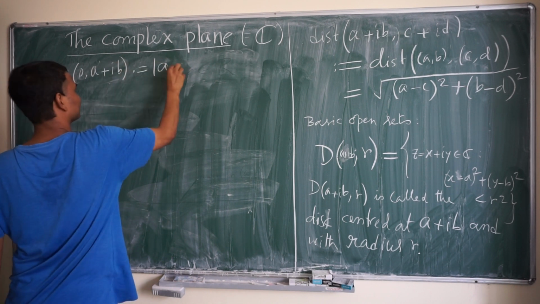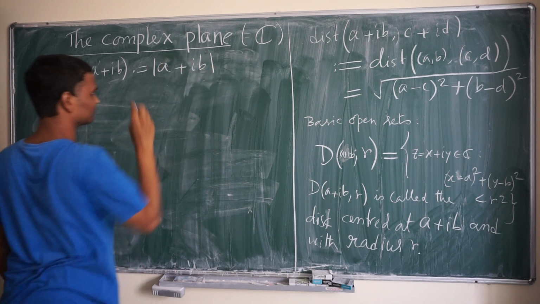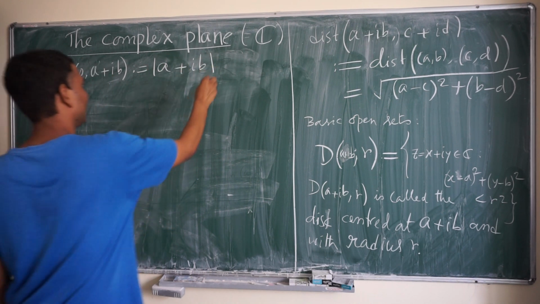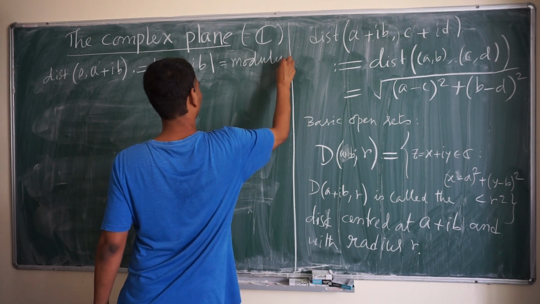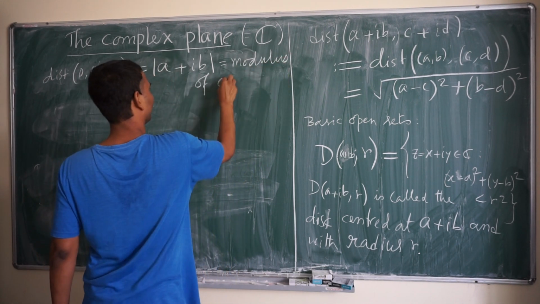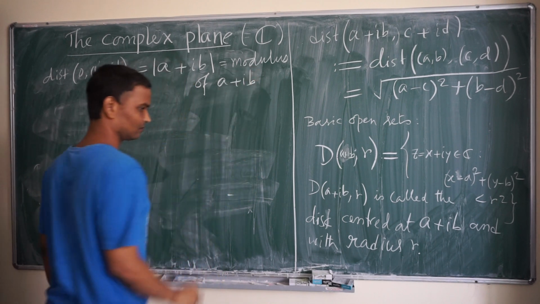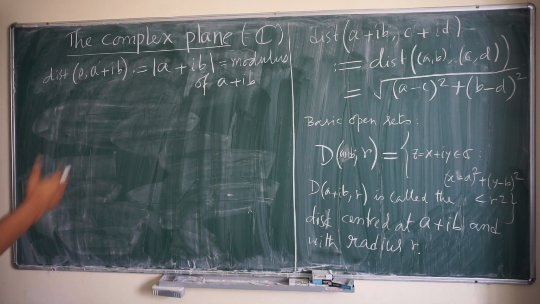It's called the modulus of a plus ib. We'll come to more about this thing.